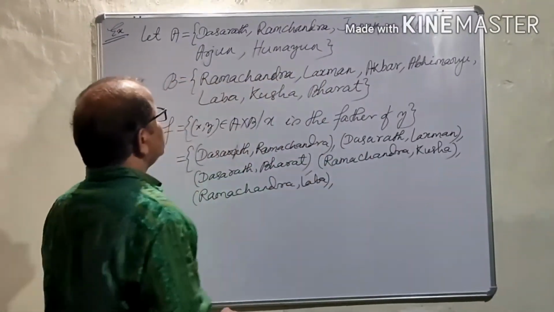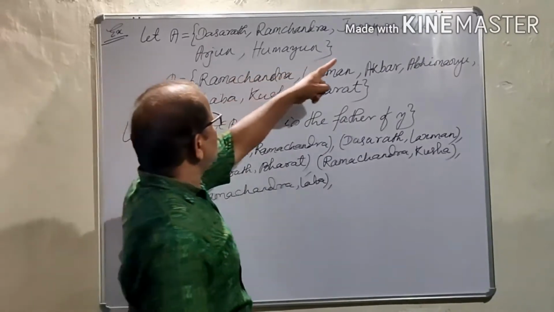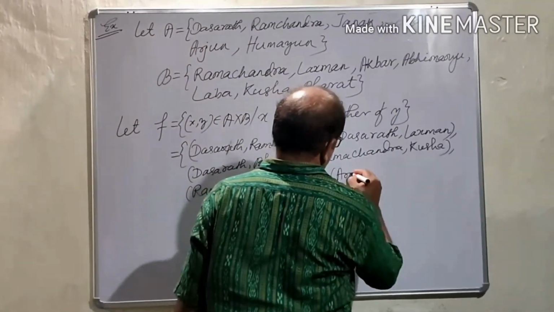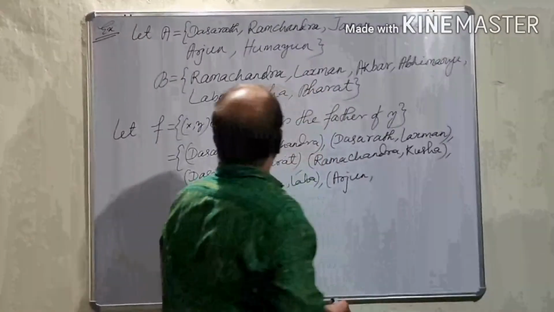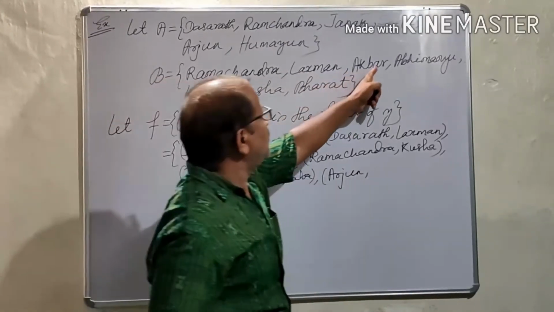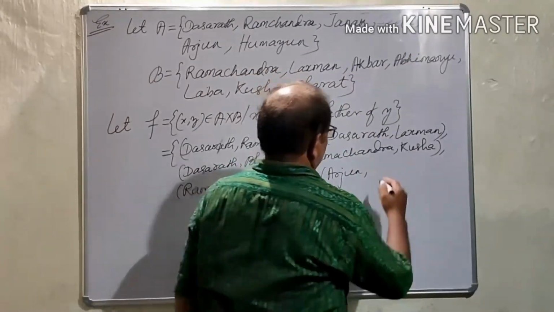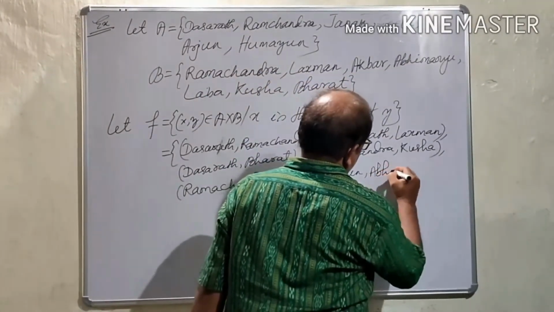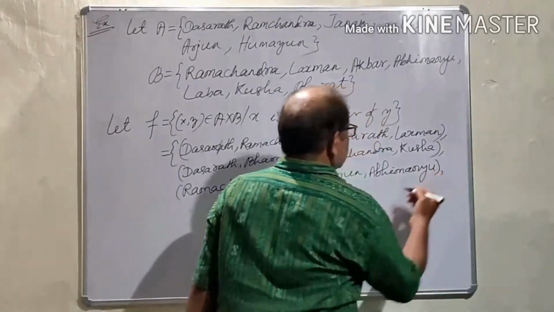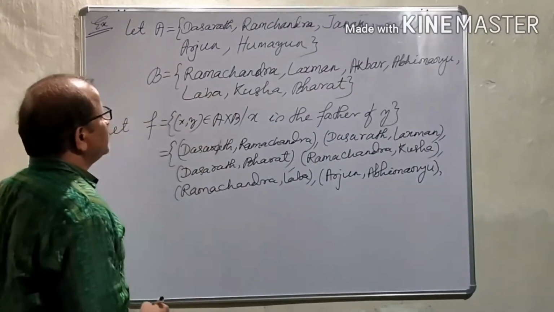Ramachandra, Lava. Then Janak, Sita, no. Arjun. Arjun is related to Abhimanyu; he is the father of Abhimanyu, you know.